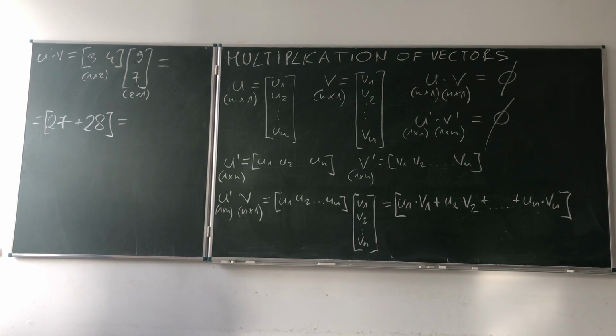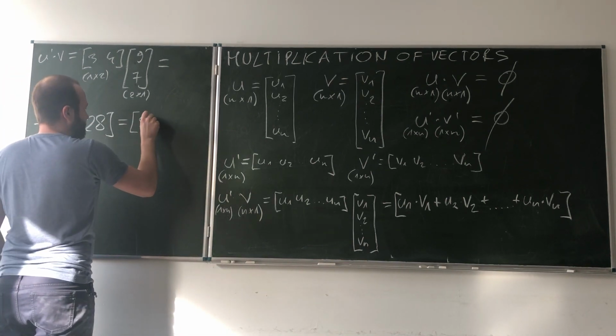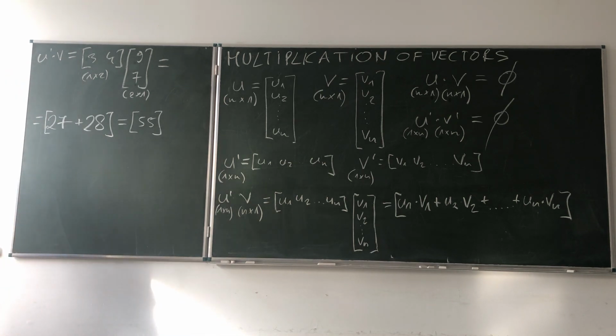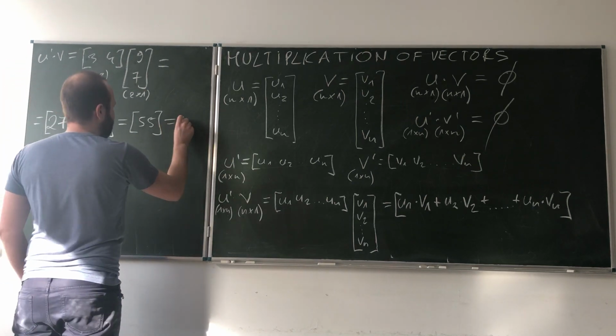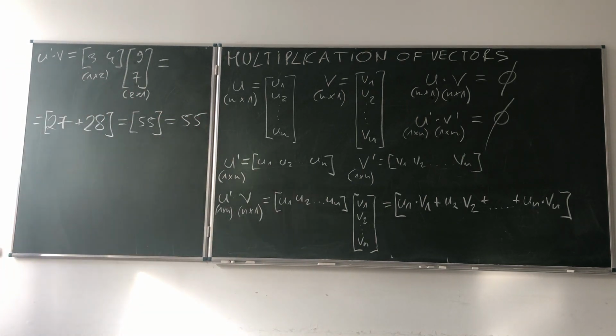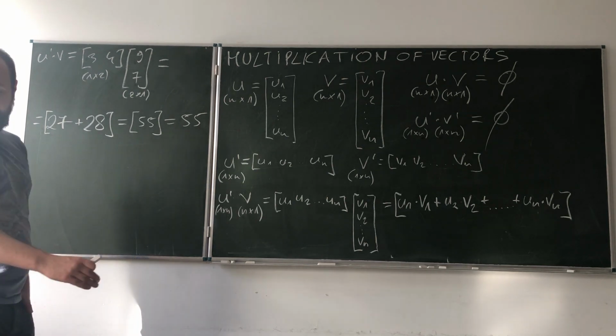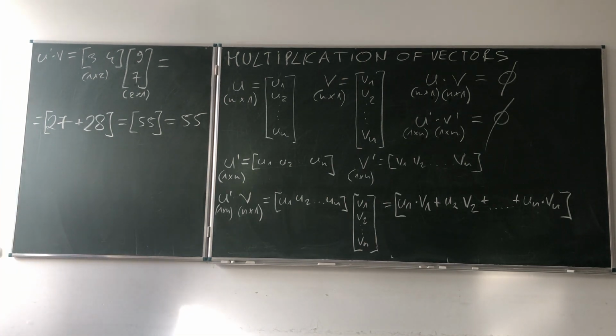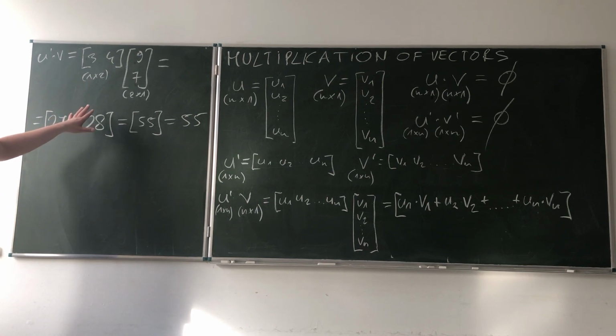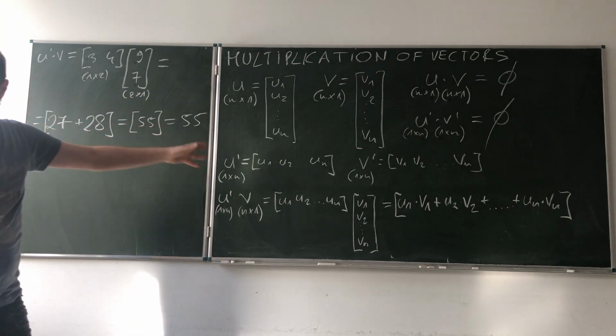So, if I add those two, I'm getting 55. But, as we said, this is just a number. So I get just one single number. And look, what we are getting in this particular case is something that we call scalar product, because when we multiply everything out, we just get a scalar.